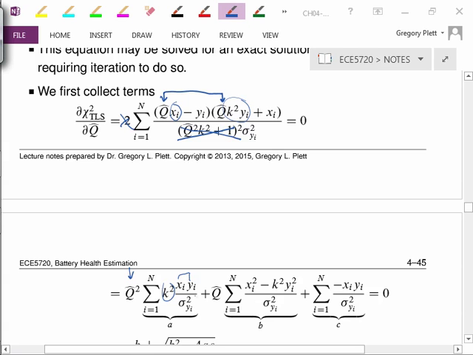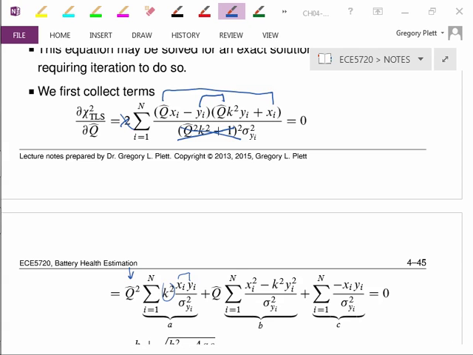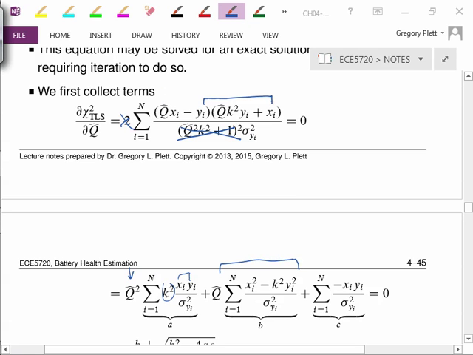That's my second order term. And I have some first order terms, which are q times something. The first one is going to be q times x_i squared, and the next one is going to be q times minus k squared y_i squared, all over sigma y_i squared. So that comes down here. And then finally I've got a term with no q in it at all, which is just the minus x_i y_i, which is what we have there.